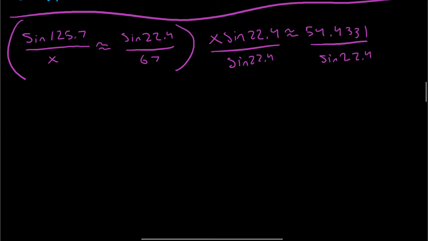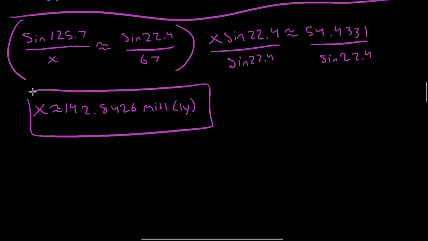We're going to divide each side by the sine of 22.4 in order to get our measurement for our unknown. And we get that x is roughly equal to 142.8426 million light years. That's not our real answer though, because we have to round it, I believe.